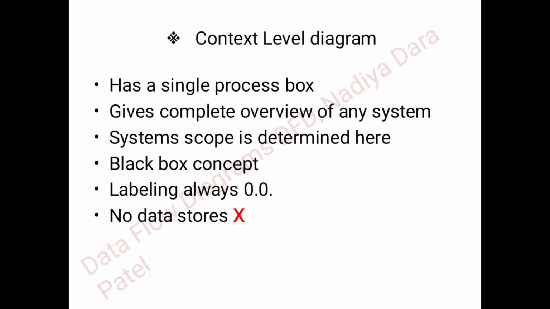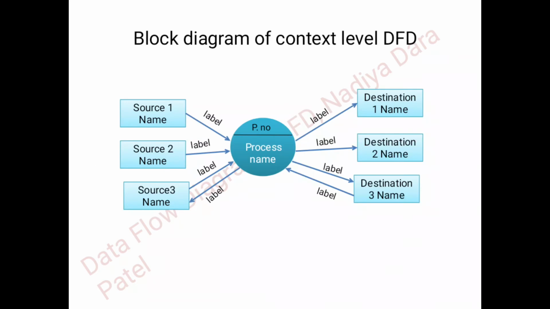You don't know what exactly is inside the system. So it is also known as the black box concept. Labeling is always 0.0. The context level diagram should always be labeled as 0.0, and it has no data storages.